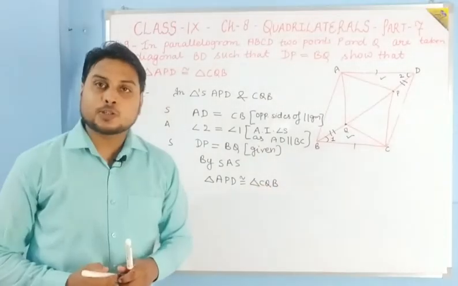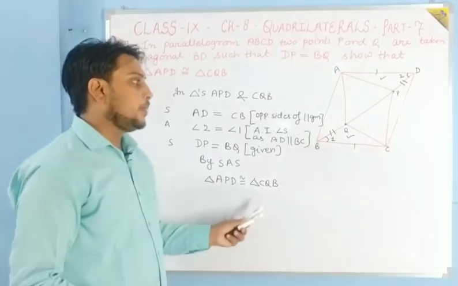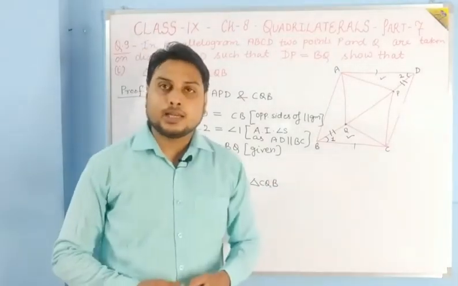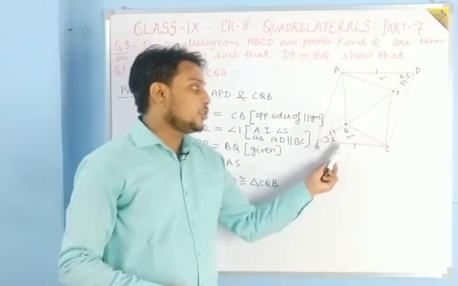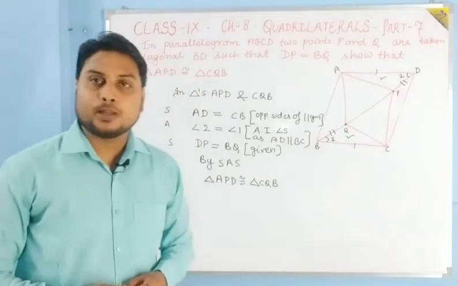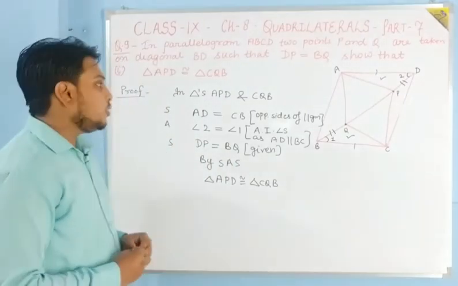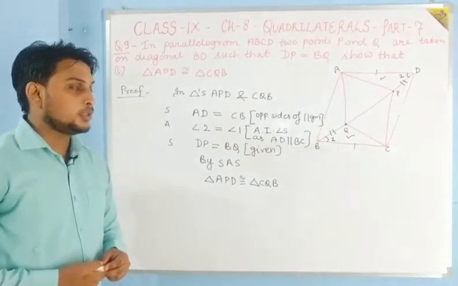So this is the first part of the question, and easily we can prove it by the simple side angle side criterion. You only have to observe which side corresponds to which side, and simply you can prove it. So just note it down and then we'll start solving the second part.